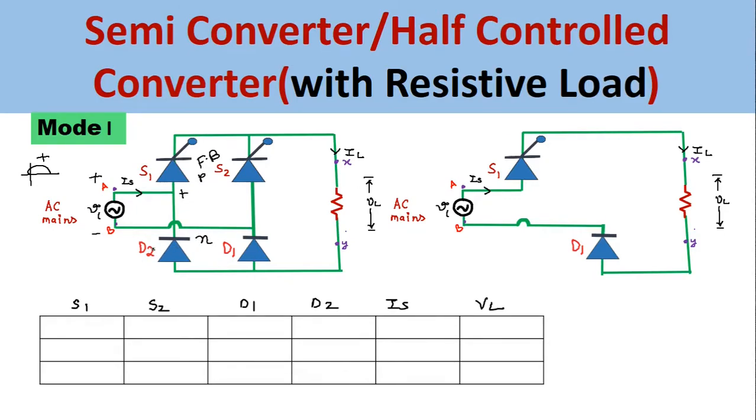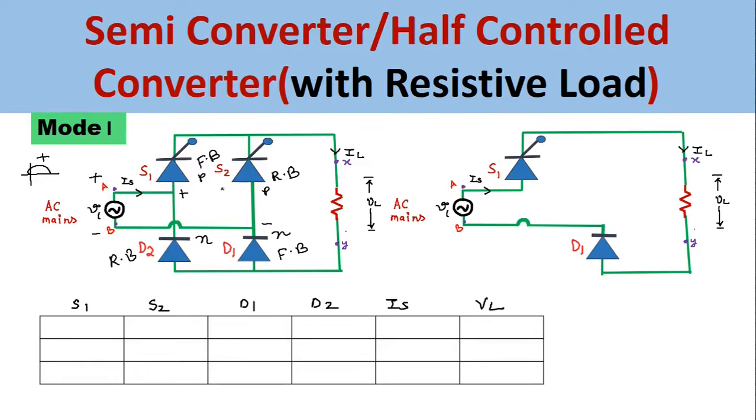Therefore this D2 diode will go into the reverse bias condition. That means it will act as open circuit. Now this negative sign will go to the P side of this SCR2. Therefore this SCR2 will go into the reverse bias condition, and this negative sign will go to the N side of this D1 diode. Therefore this D1 diode will go into the forward bias condition and starts conducting.